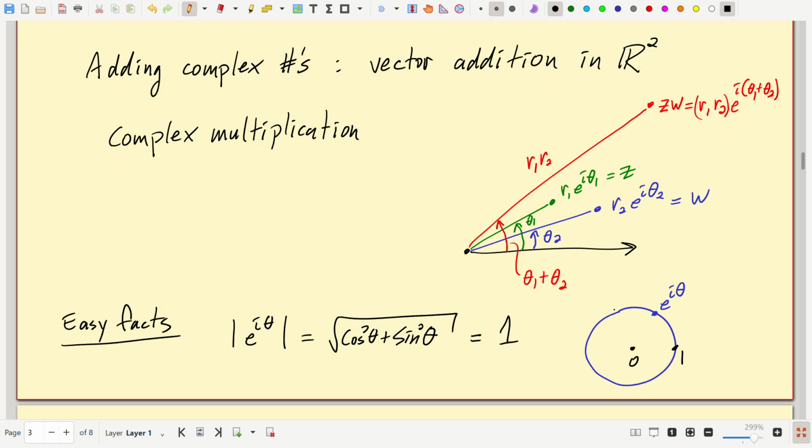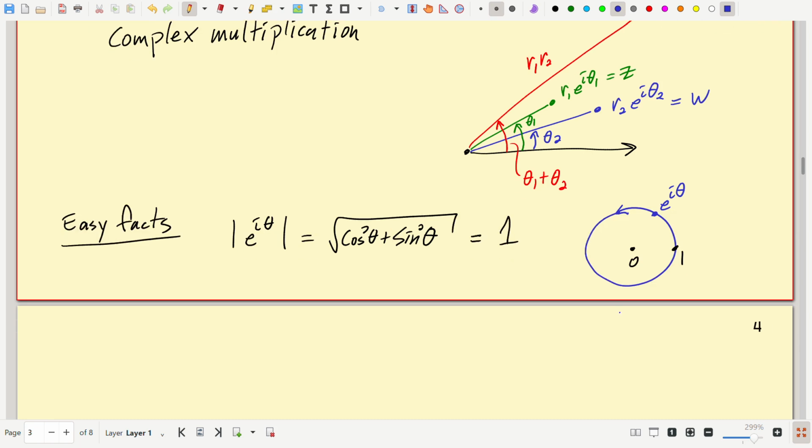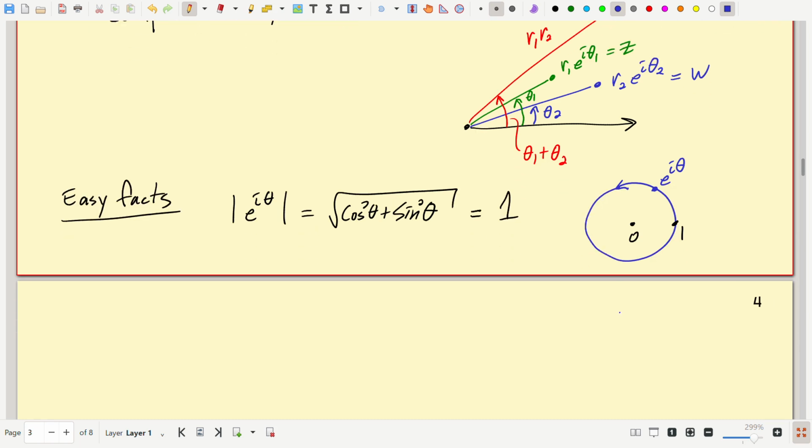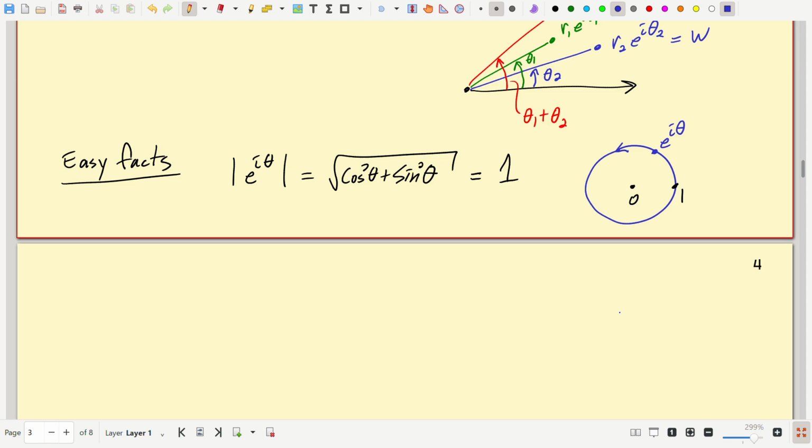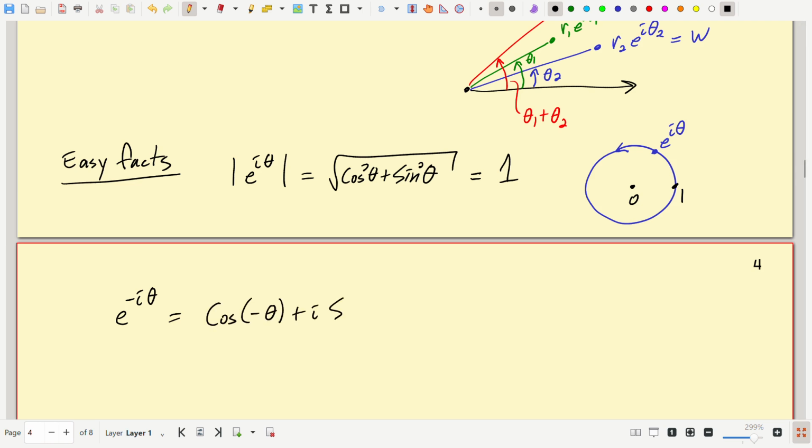And so as theta increases, you're going around this in the counterclockwise sense. That's going to be a very convenient way of parametrizing the circle in complex notation. Another thing that's easy to check is that e to the minus i theta would be cosine of minus theta plus i sine of minus theta.